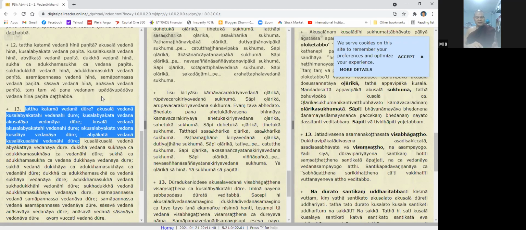Tattha katama vedana dure. That is the masculine, dure, not locative case, masculine case.